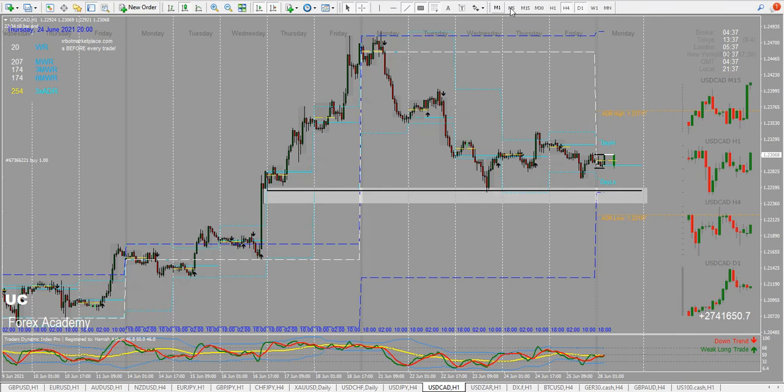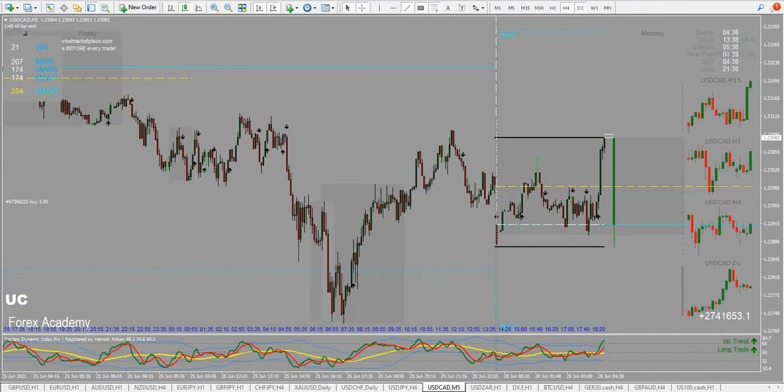From Friday's move, let's go to M5. I'm doing that because I'm waiting for my MetaTrader to react. Let me pause it and I will continue once it reflects. Now here we are, guys. We first identify the 14-hour candle.